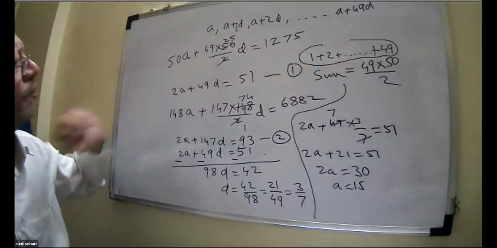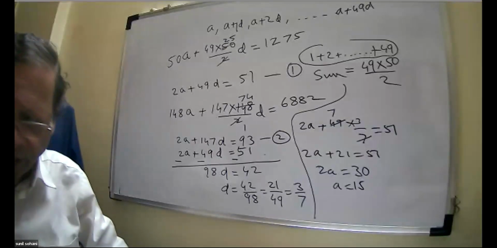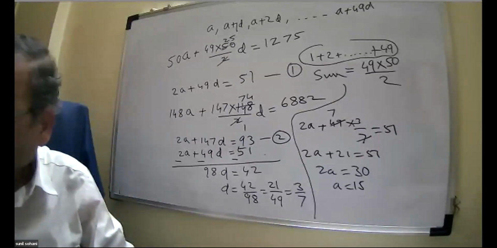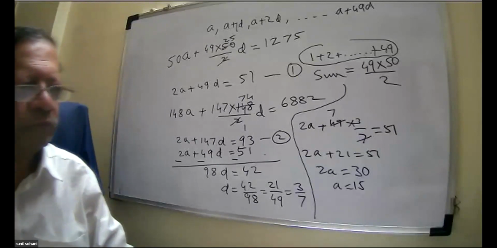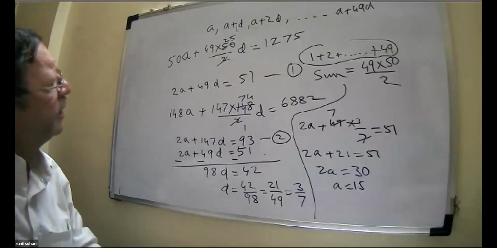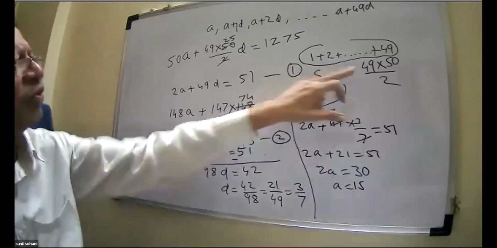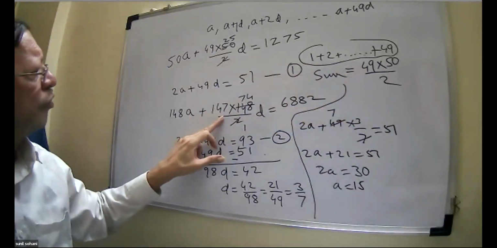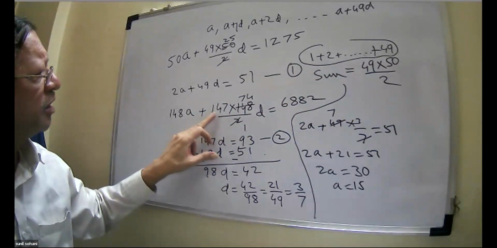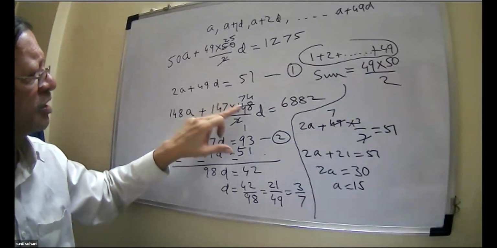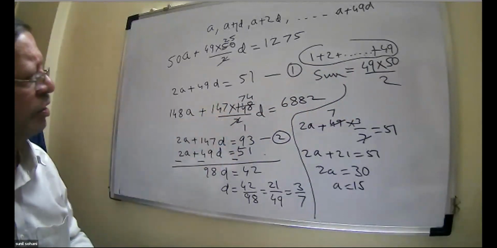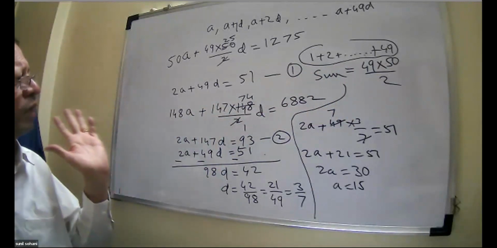This is what I used here. I hope that was the difficulty someone had in mind. The same rule I have used here: 1 to 147 addition is the last number 147 into the next number 148 upon 2.